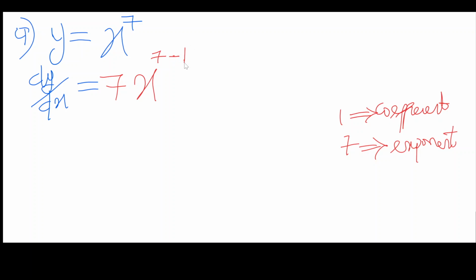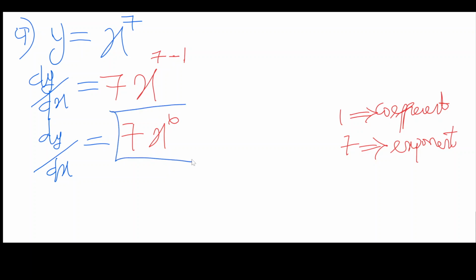So dy/dx equals 7x to the power of 6. This is the final answer, 7x to the power of 6. And that's how we go about it.